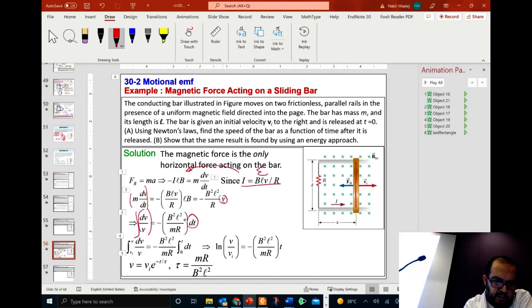Now if I integrate both sides, I get the integral of 1 over V dV is equal to minus B squared L squared divided by MR times the integral with respect to time. The integral of 1 over V is log of V. So we get log of V over V initial is minus B squared L squared over MR times T.